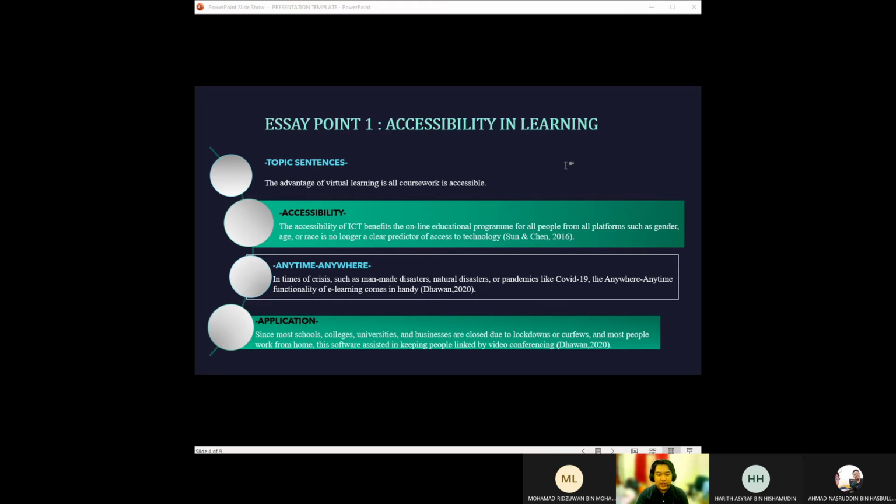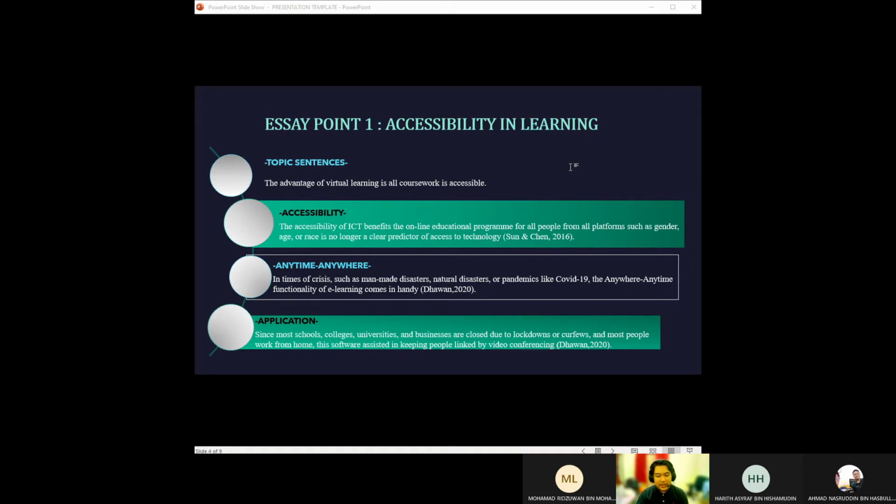After that, using anytime, anywhere as the keywords, I quote from Shivangi Dhawan, who said that in times of crisis such as man-made disaster, natural disaster, or pandemic like COVID-19, the anywhere, anytime functionality of e-learning comes in handy.